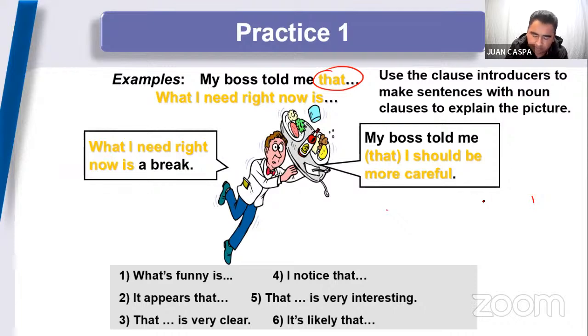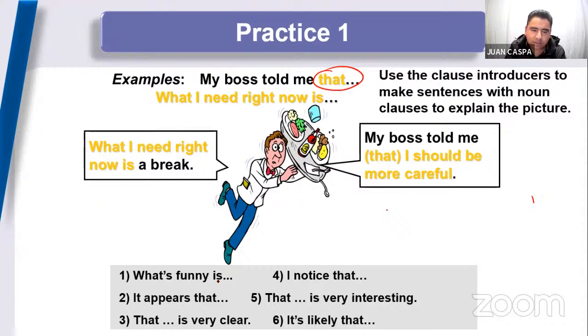In this case, that also introduces a sentence. But yeah, definitely, if we talk about this guy, the sentence is completely different. But you asked me just one question. You said that it appears that it will be rainy tomorrow. Yes, it's okay. We can use it with future, with any sentence.